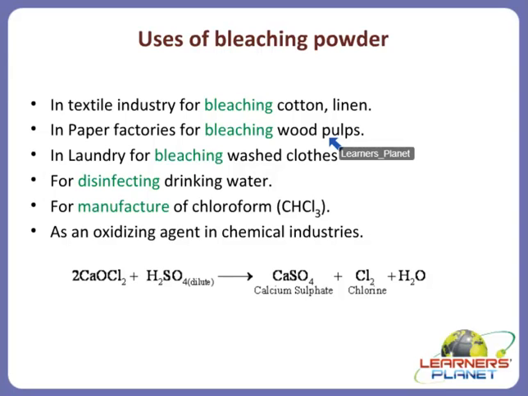So on that brown we can't write, right? So for that the color is removed. In laundry, for bleaching washed clothes, if there is any stain on the washed clothes, then bleaching powder can be used.